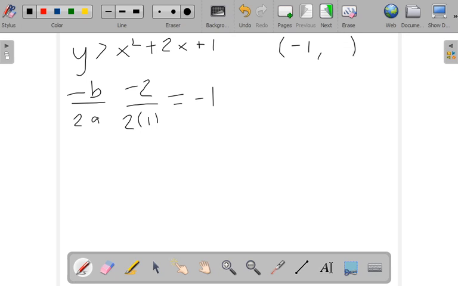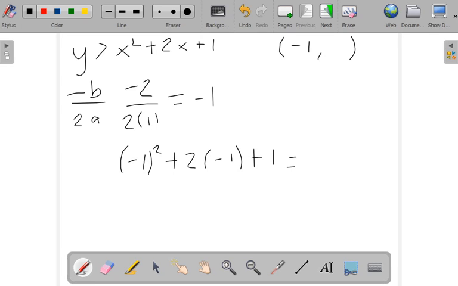So we just need to find the y coordinate. To do that, we take the negative 1 and substitute it back into our original equation. So if you take negative 1 and substitute it back in, you'll have negative 1 squared plus 2 times negative 1 plus 1.